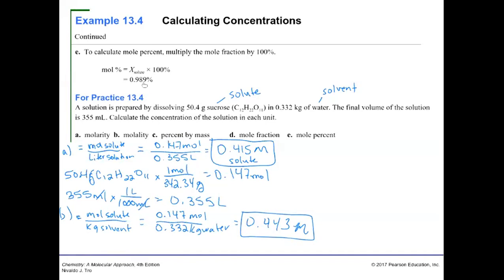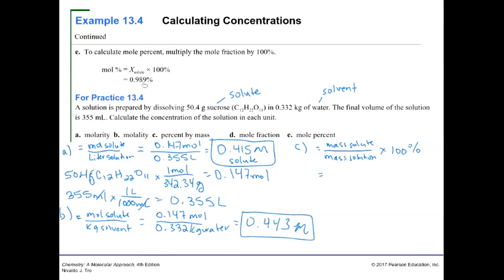We'll go over here for our mass percent. So we're looking for part C now. Mass percent is the mass of the solute divided by the total mass of the solution, times 100%.